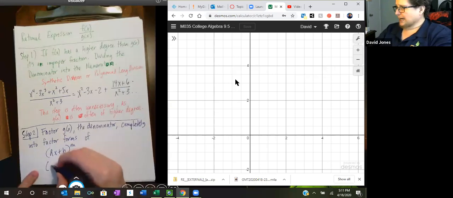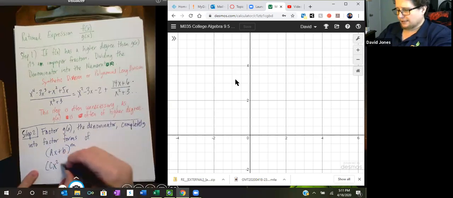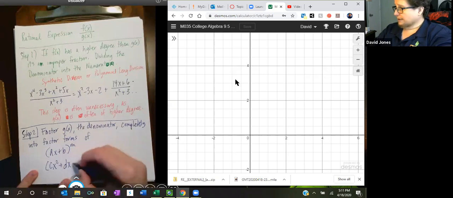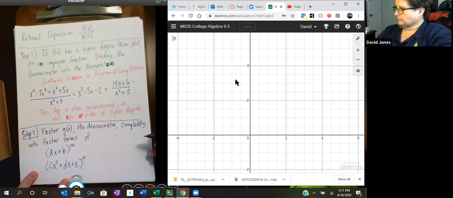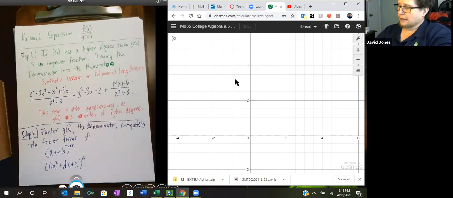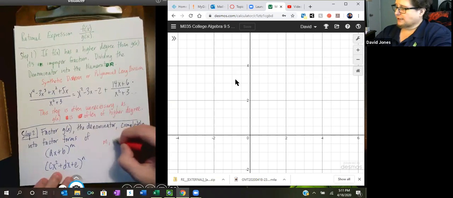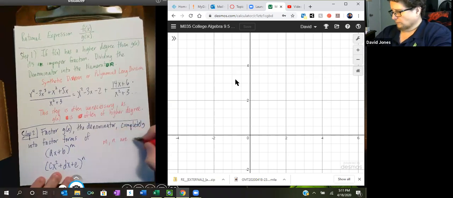We could even have a quadratic in the denominator. This gets a heck of a lot harder if it's beyond quadratic. We'll assume m and n are positive integers. Or better yet, let's just call them natural numbers, the whole numbers.